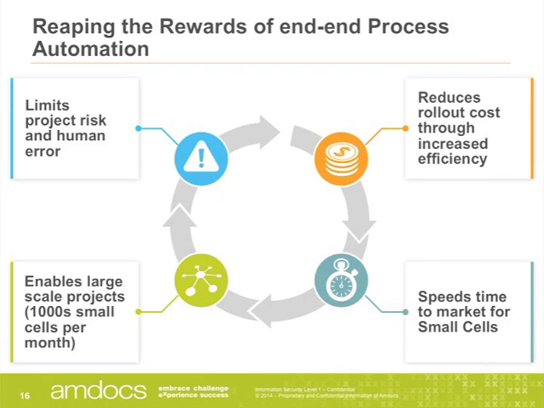It enables these large-scale projects to be deployed, so it scales across many thousands of small cells per month, and it limits the project risk and human error, which would normally creep in when you have changes to the plan, changes to the design that are difficult to maintain in other ways.